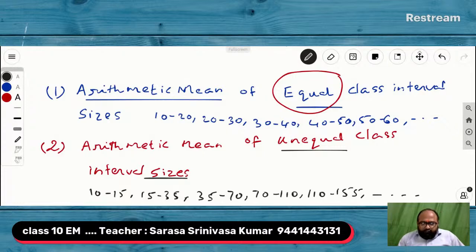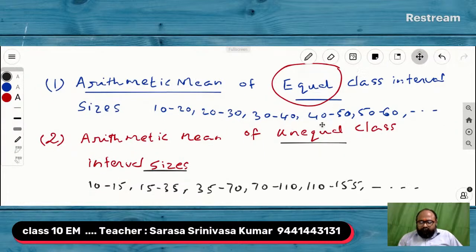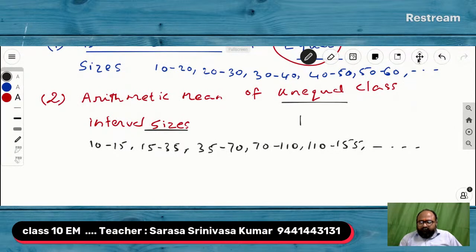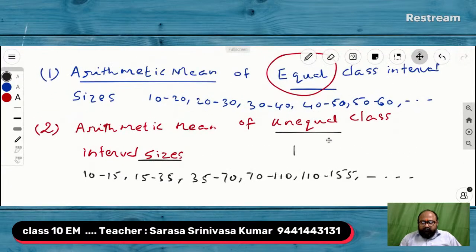So we will discuss the problems of arithmetic mean in this model. We can find the arithmetic mean by three methods: direct method, assumed mean method, step deviation method. The first model is equal class sizes.